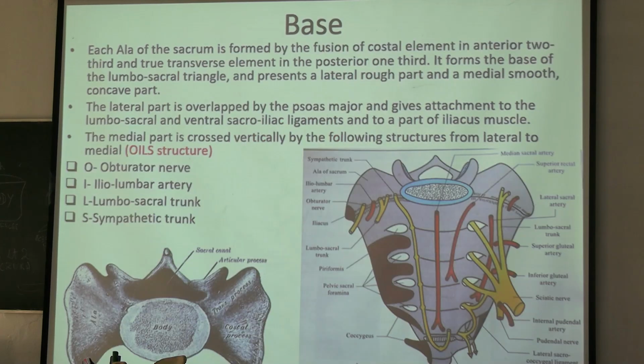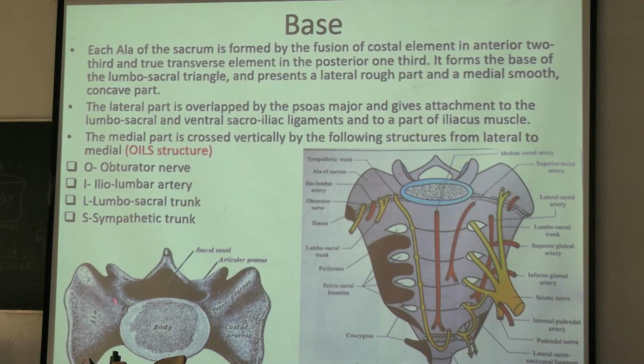Okay. Each ala of the sacrum, this part is the ala, is formed by fusion of the costal element in the anterior 2/3, here is the costal element, and the true transverse element in the posterior 1/3, here the transverse element. It forms the base of the lumbosacral triangle and presents a lateral rough part and a medial smooth concave part.